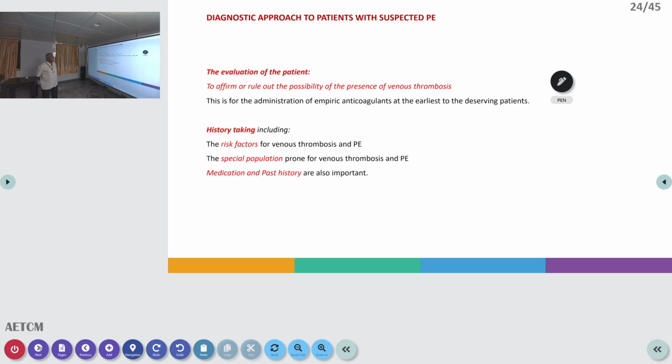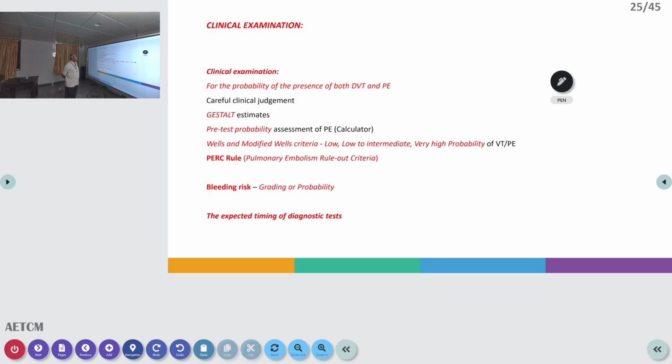This is for the administration of empiric anticoagulant at the earliest. History taking should always include the risk factors pertaining to venous thrombosis or pulmonary embolism. You have to keep in mind the special populations who are more prone to venous thrombosis, medications, and past history regarding whether the patient has already had any thrombotic events.